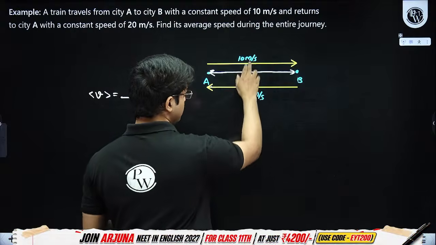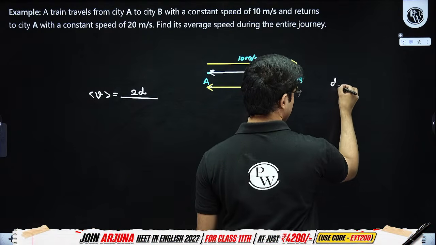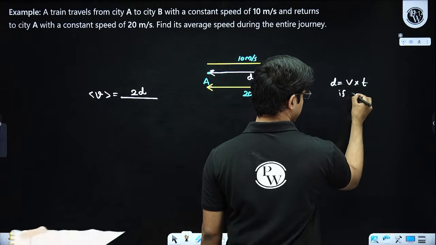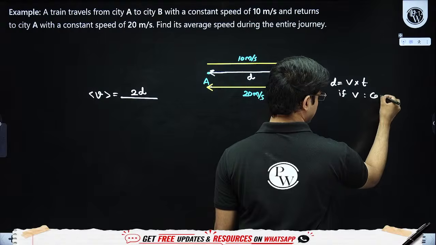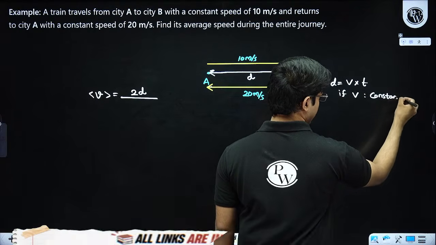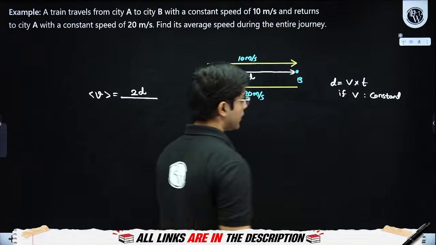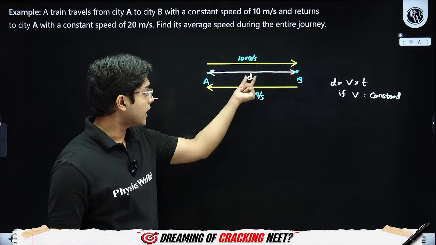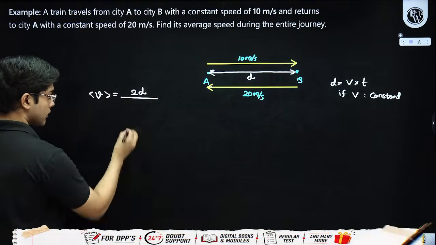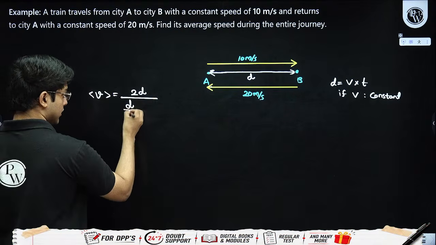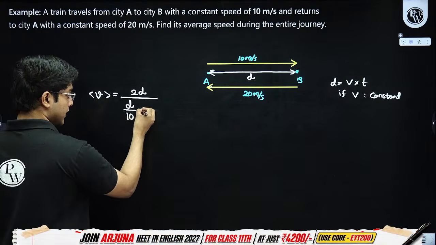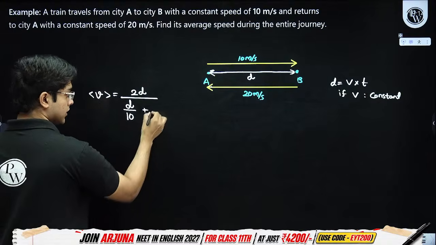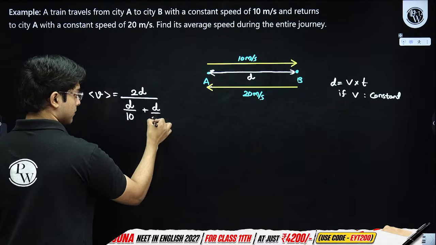How do we find time? The relation is distance equals speed into time, if speed is constant. So time is distance divided by speed. For going from A to B, the time is D divided by 10. And for coming back from B to A, the time taken is D by 20.